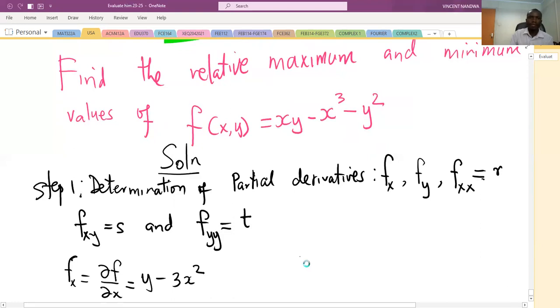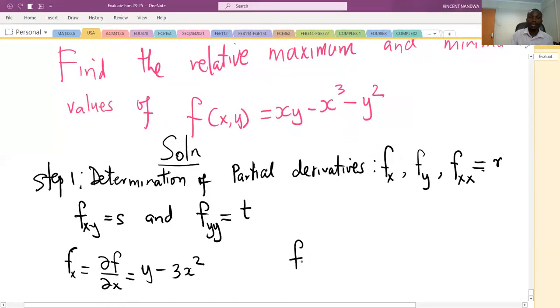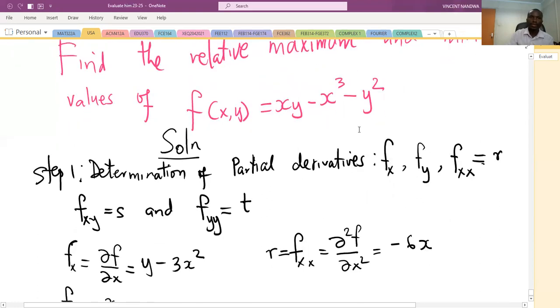And then fxx, or the second derivative of this function with respect to x, partial squared f partial x squared, which is what we are calling r. We differentiate this with respect to x, and we'll have minus 6x. And then fy will be x minus, so this is y squared, so it'll be 2y.